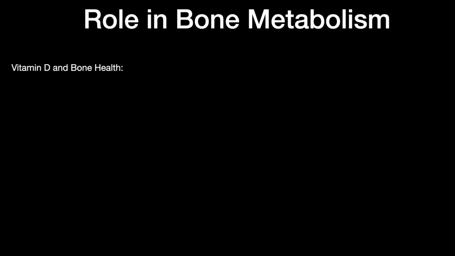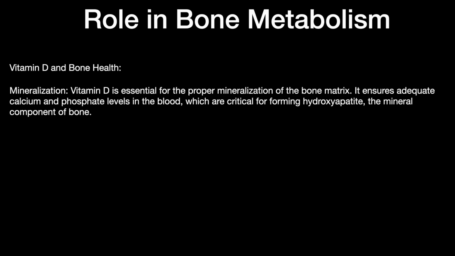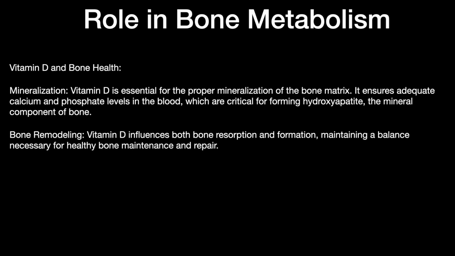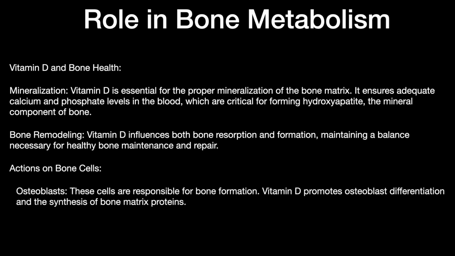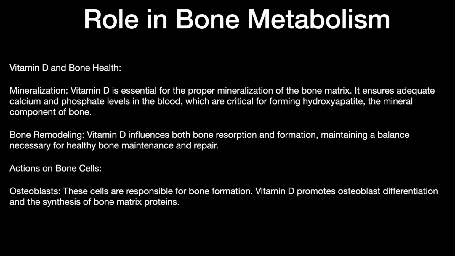Now, what is the role in bone metabolism? Vitamin D plays a crucial role, and it helps in proper mineralization of the bone matrix. It ensures adequate calcium and phosphate levels, which are critical for forming hydroxyapatite, the mineral component of the bone. Vitamin D influences both bone resorption and formation, maintaining a proper balance. It acts on the bone cells, that is osteoblasts, which are responsible for bone formation.